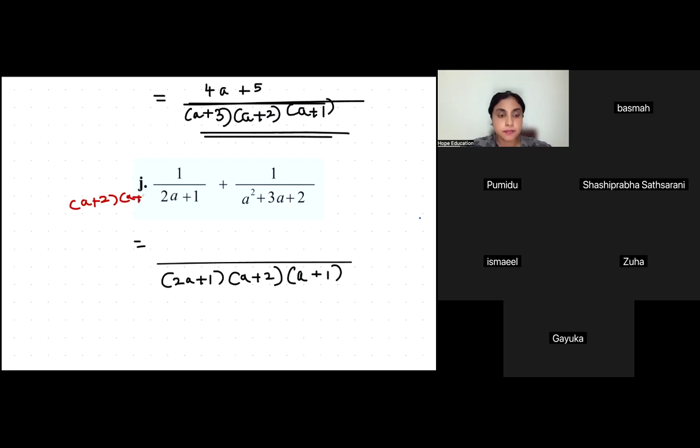Give me a second, children. Okay, there's something wrong with Zoom.